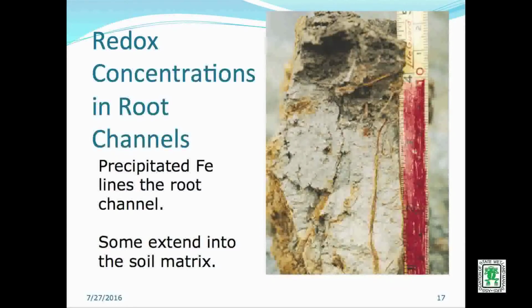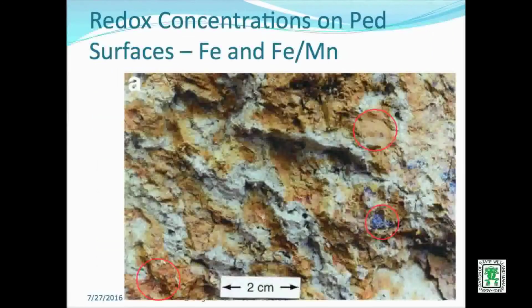If the root channel is open and oxygen enters the surface, or if carbon dioxide or oxygen is expressed by the plant through the root, then we can get oxidized, let's see, we don't use the term oxidized rhizospheres anymore, but we can get precipitated iron right next to the living root or next to an empty root channel.